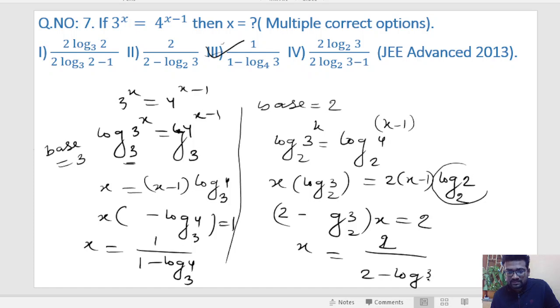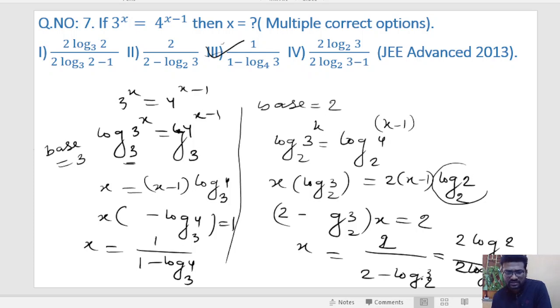Okay, this is another option, and we get another result. Now with base 3, the function reduces to log 2 base 3 and 2 to log 3 base log 2 base 3 minus 1.